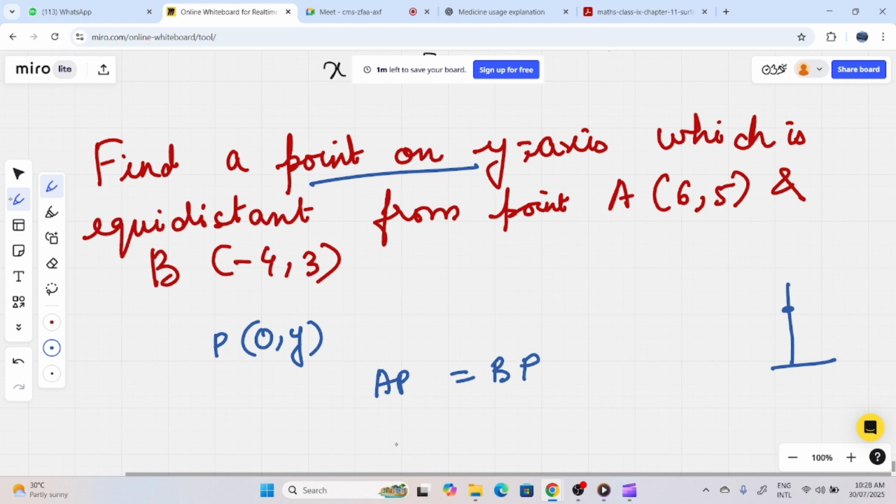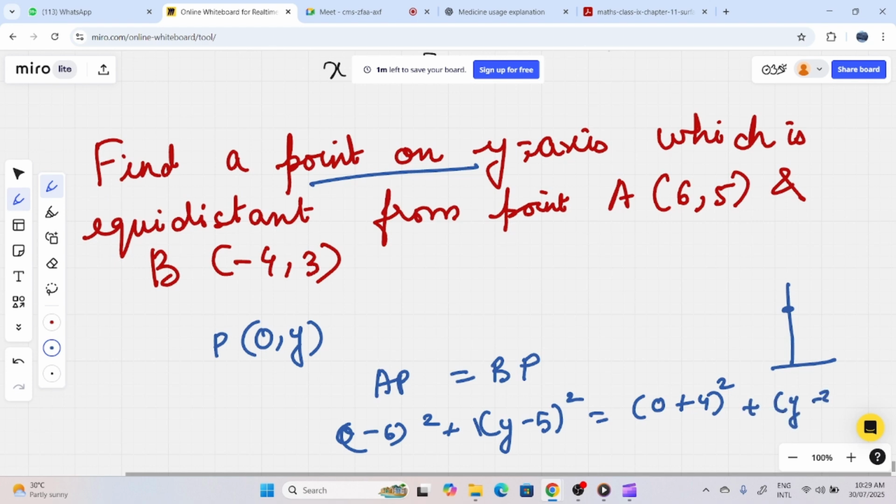I don't want to put the formula again. So if that is the case, y will be equal to 9. (0 minus 6) whole square plus (y minus 5) whole square equal to (0 plus 4) whole square plus (y minus 3) whole square.